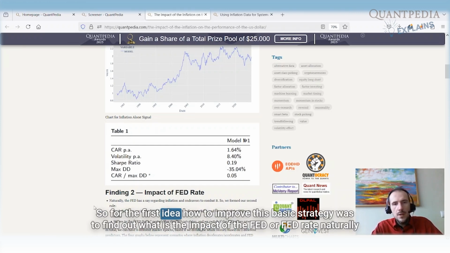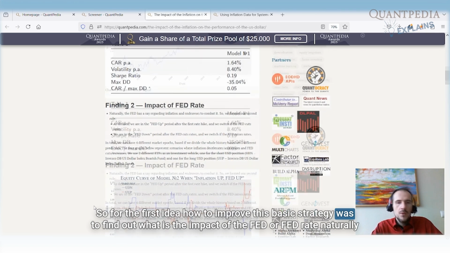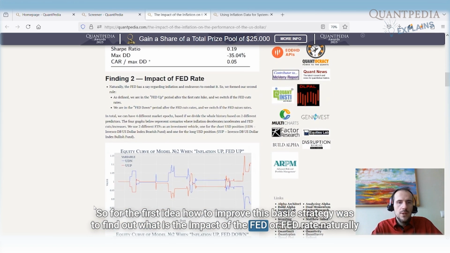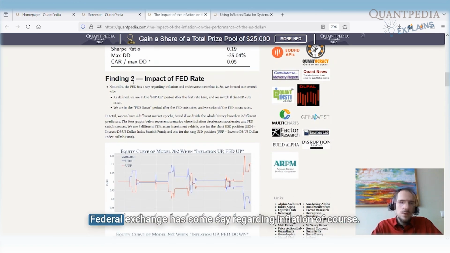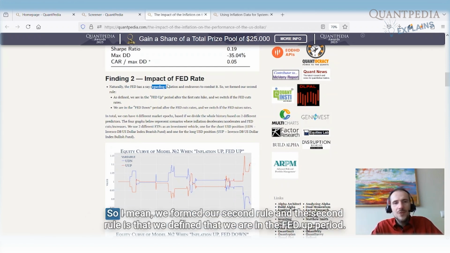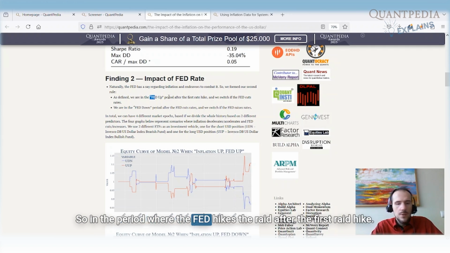Okay, so the first idea for how to improve this basic strategy was to find out the impact of the Fed rate. Naturally, the Federal Reserve has some say regarding inflation, of course. So we formed our second rule, and the second rule is that we defined the Fed up period, the period after the first rate hike when the Fed hikes rates.